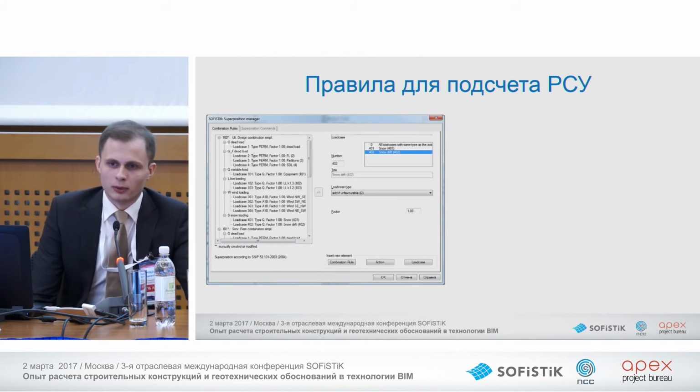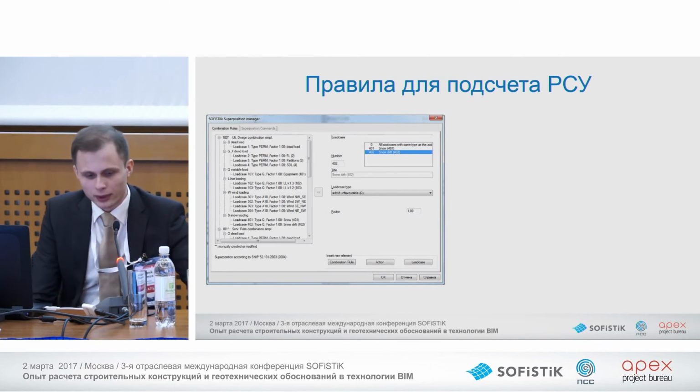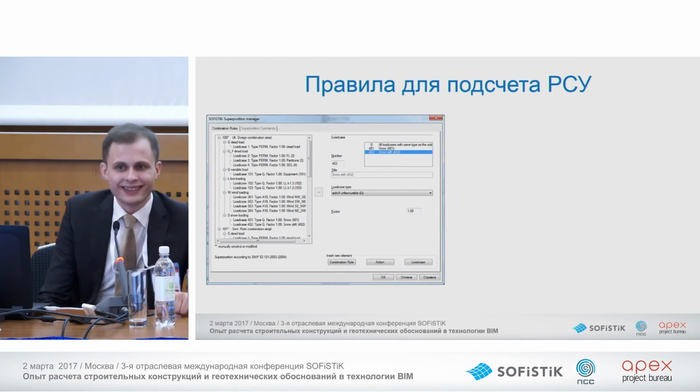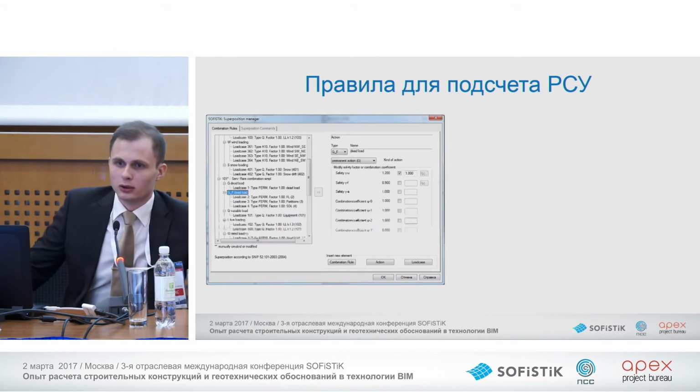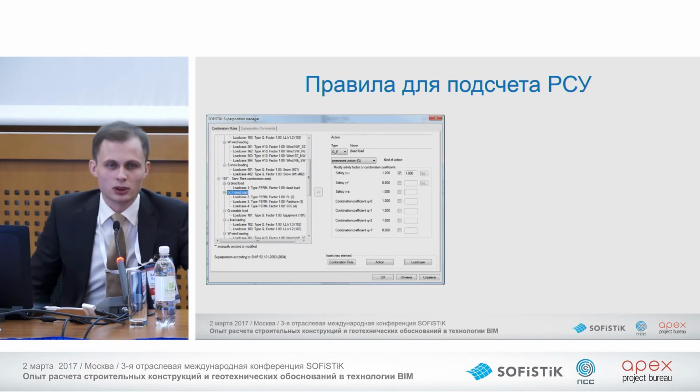They look more like the requirements of SP, and well, when you build the rules, or RSU rules, choose the loads and the effects when you switch on group 2.